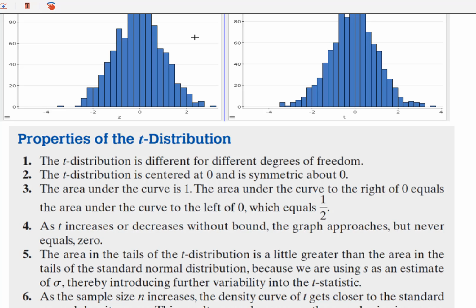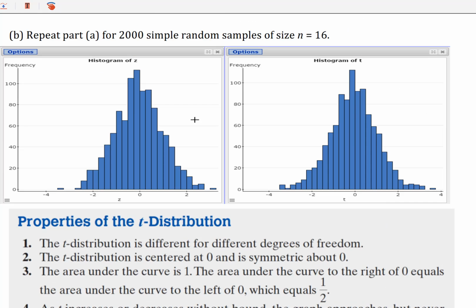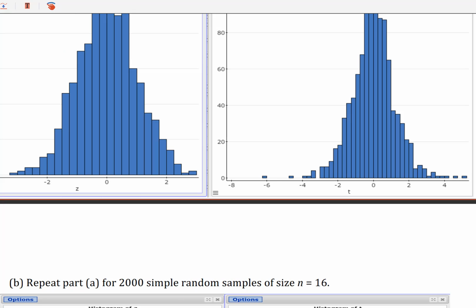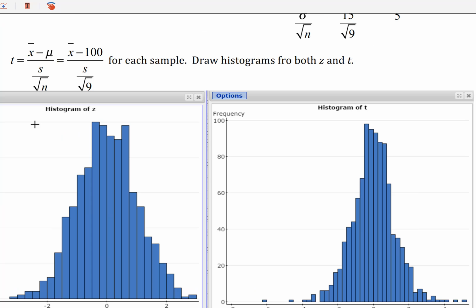The area in the tails of the T distribution is a little greater than the area in the tails of the standard normal. Why? Because we're using S in place of sigma, thereby introducing additional variability, right? You can really see that here in the histogram for T when n is 9.